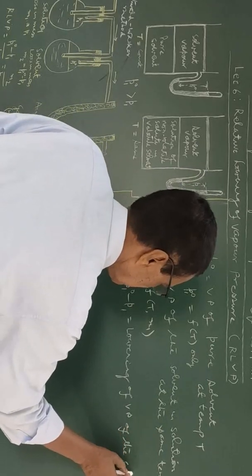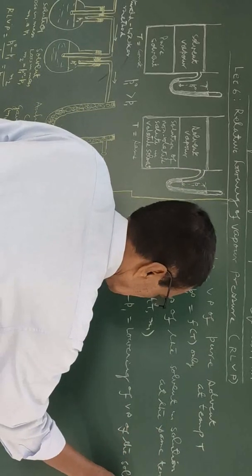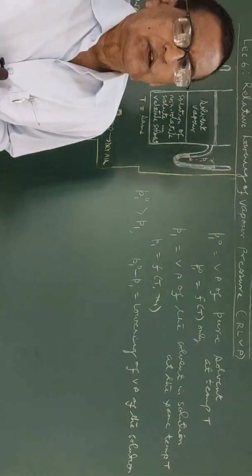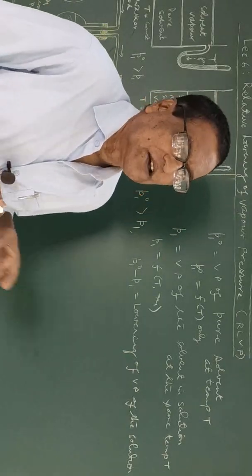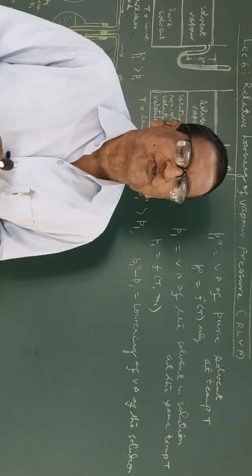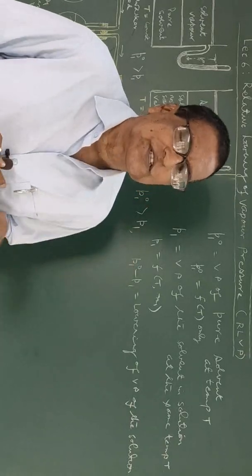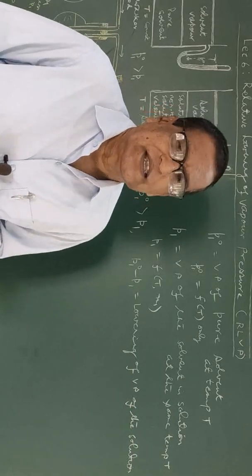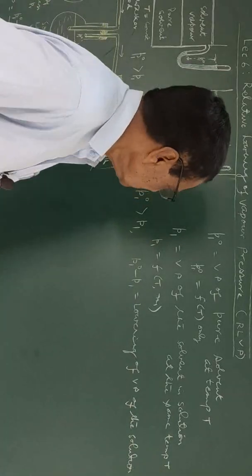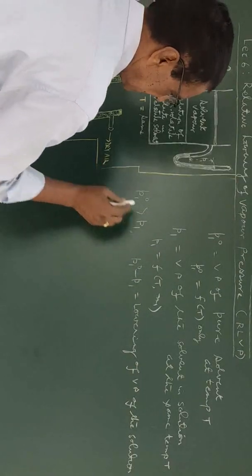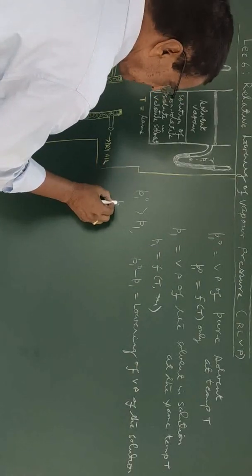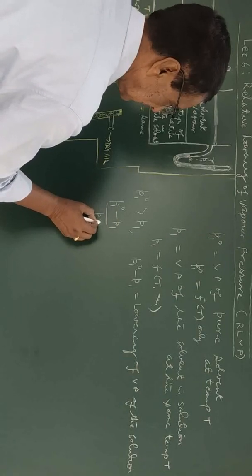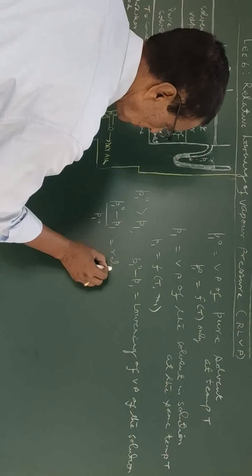This lowering of vapor pressure is due to the lowering of chemical potential of the solvent when some solute is added to this solvent, and it is an entropy effect that I have discussed in my last lecture. So P1 naught minus P1 divided by P1 naught is called relative lowering of vapor pressure.